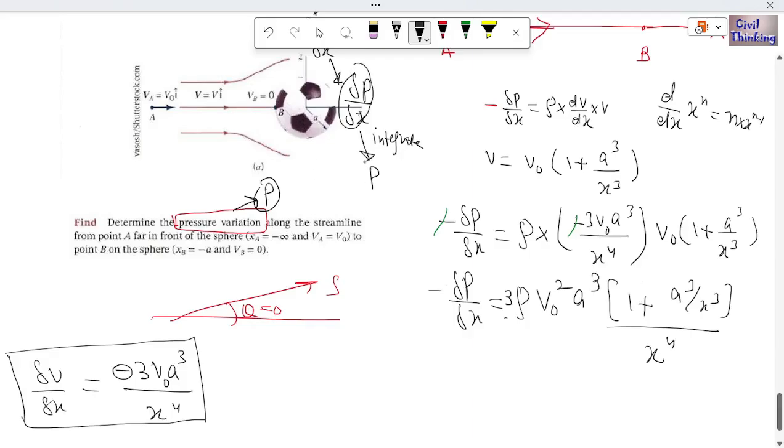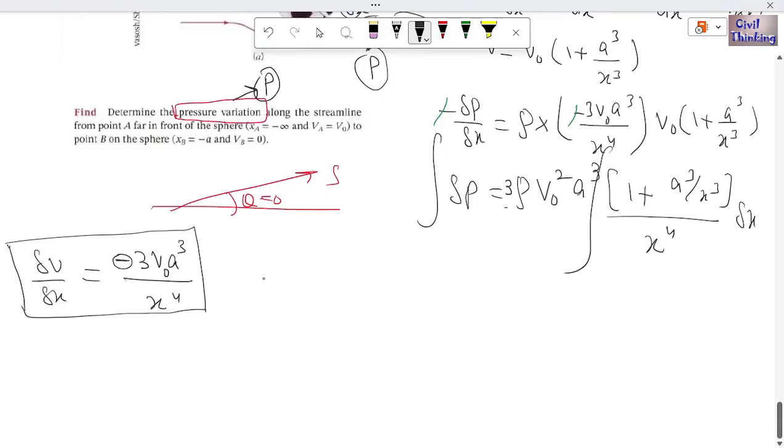Now we will integrate it, we will get p. Sorry, negative was already cancelled here. Now I will throw this delta x to this side. So this is our delta p, and we will integrate it. Because all of these are constants, the integration will begin from here.